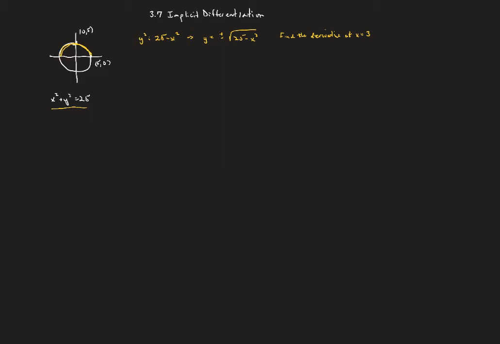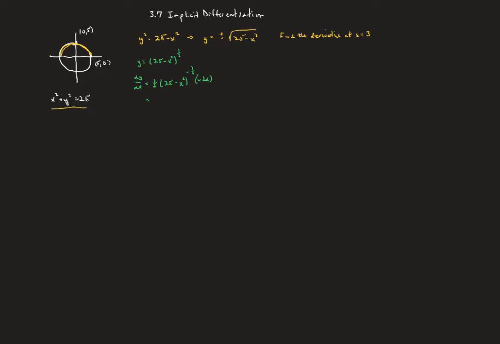So in the first case, let's take first y equals the positive square root of 25 minus x squared. I'm going to write it in a more derivative-friendly form. Using our chain rule, the derivative is 1/2 times 25 minus x squared to the negative 1/2, times the derivative of the inside function, negative 2x.